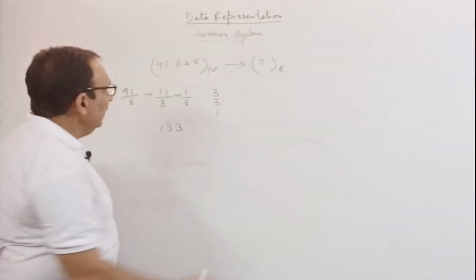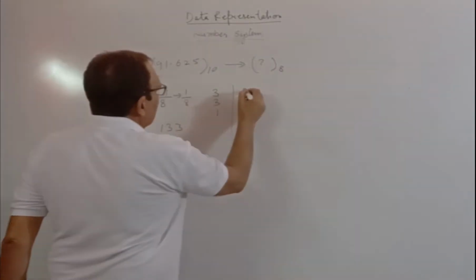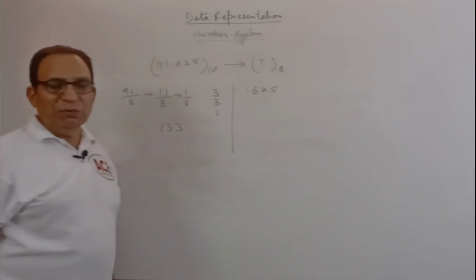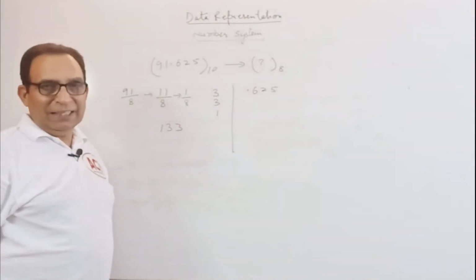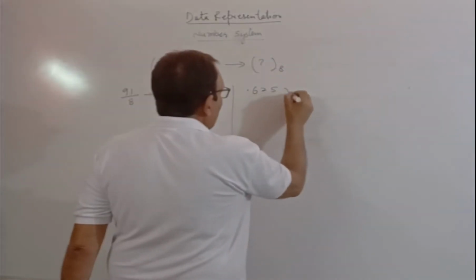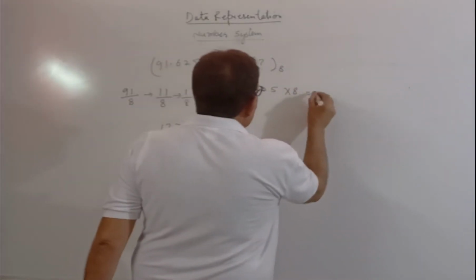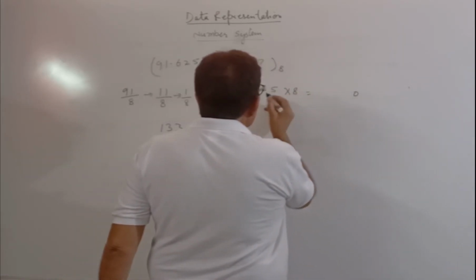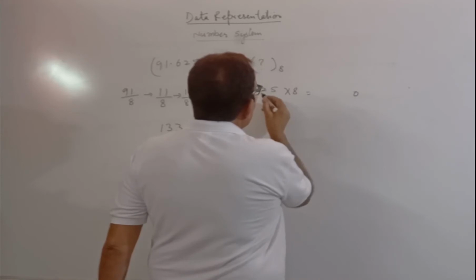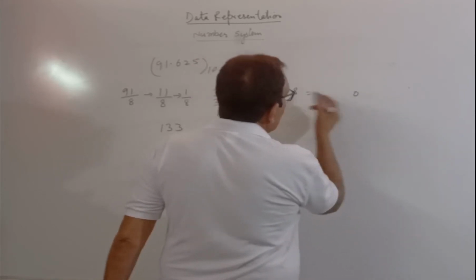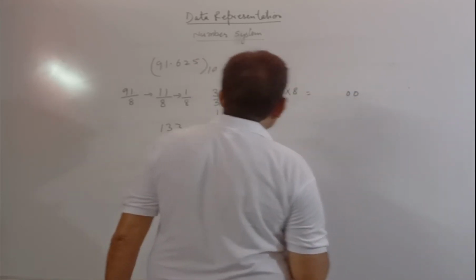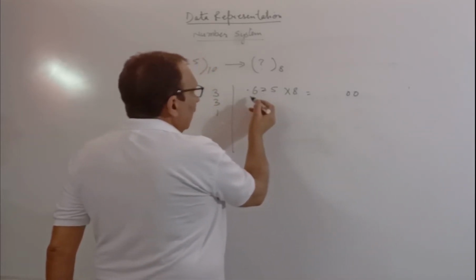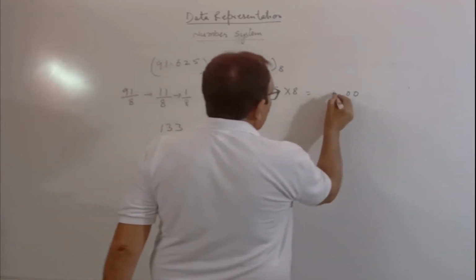I write it separately. Let us see the part 0.625. What we do with it? Multiply it by 8 and see what you are getting. 8 fives are 40, 0, 4. 8 times 2 is 16 and 4, 20. 8 sixes are 48 and 2, 50.